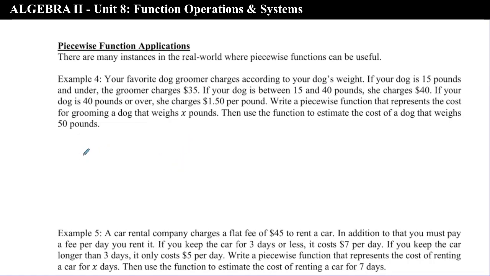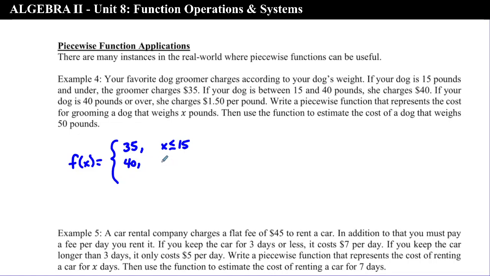So let's write our piecewise function first. f of x equals, and we're going to have 3 parts. So the charge, if the dog is 15 pounds or under, is $35. So 35 for 15 and under, so x is less than or equal to 15. Now, if the dog is between 15 and 40 pounds, then it's going to be $40.